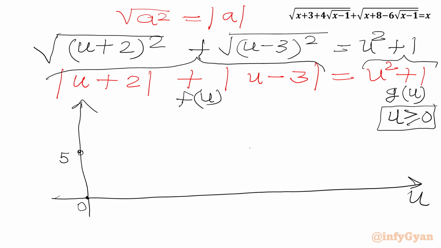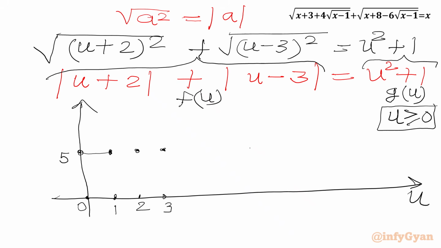Put u equal to 1, we will get mod of 3 plus mod of minus 2, which is 3 plus 2, again 5. At u equal to 2, we will get 4 plus 1, 5. At u equal to 3, we are going to get 5 plus 0, which is 5.